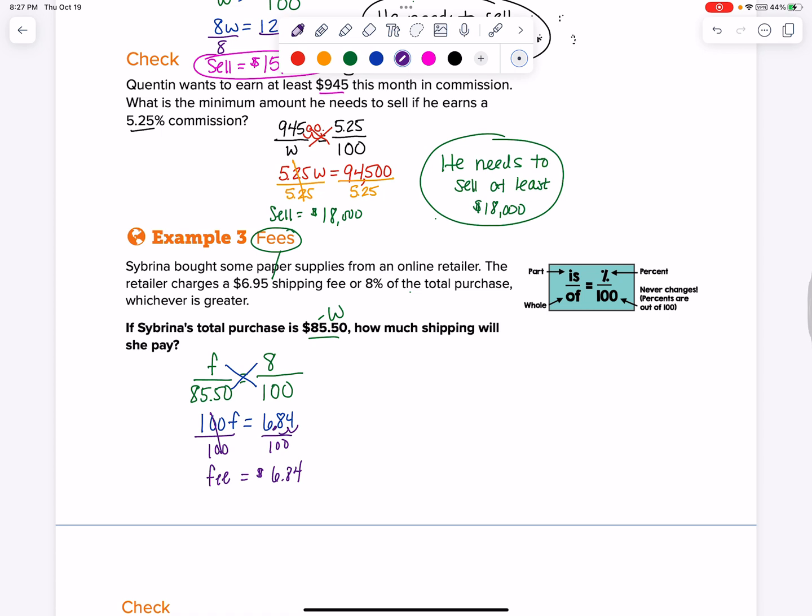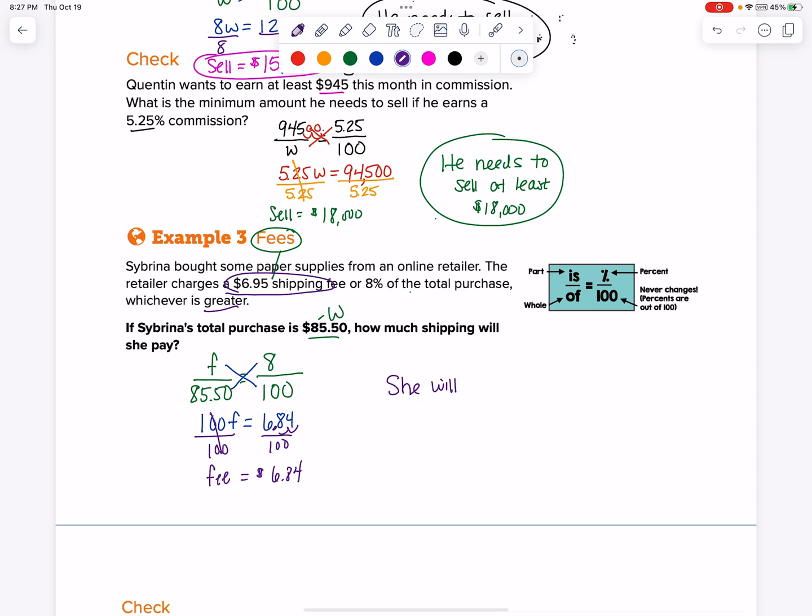It says Sabrina bought some paper supplies. The retailer charges $6.95 or 8%, whichever is greater. So what shipping is she going to have to pay? Is she going to have to pay the flat fee of $6.95 or the 8%? Which is greater? That retail charge is greater. So how much shipping will she pay?